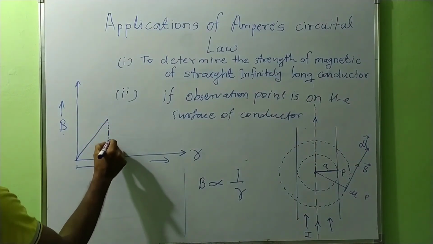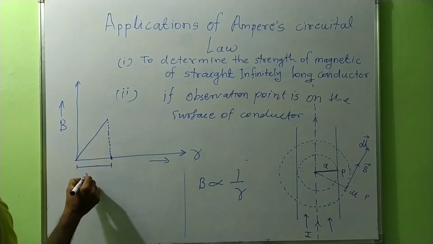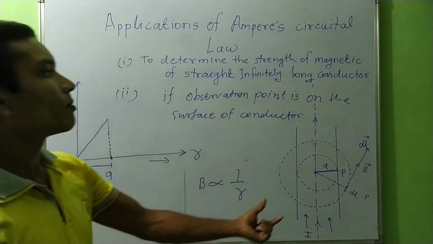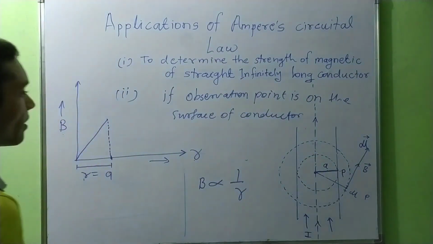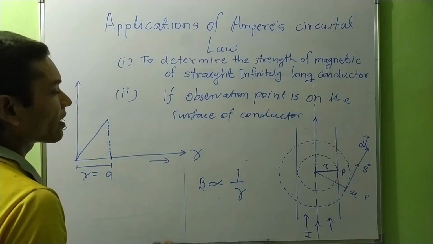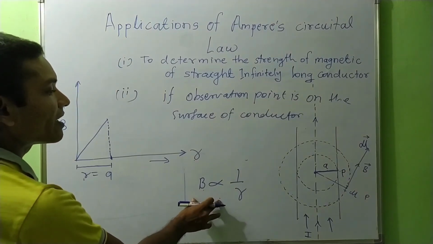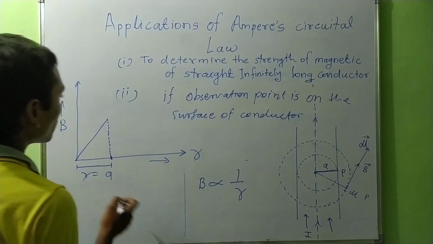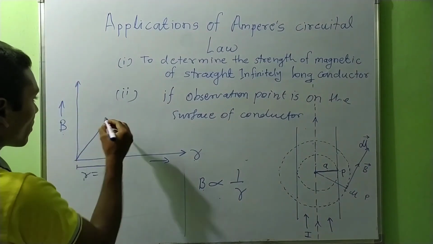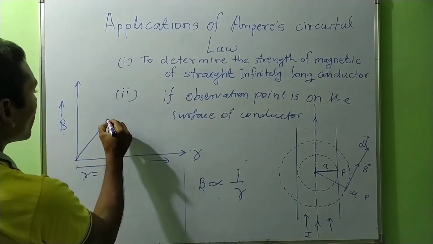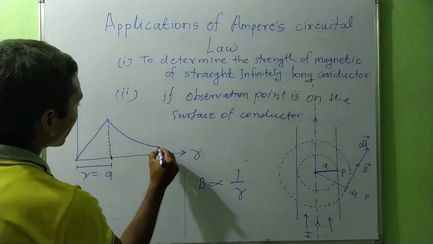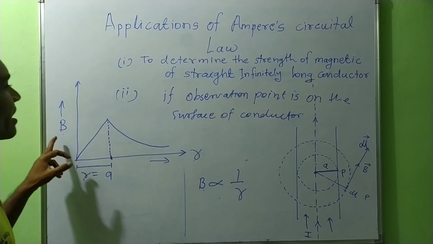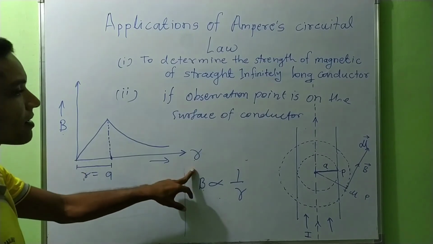The distance of this point is r equal to a, which is equal to the radius of the straight current carrying conductor. And outside the conductor, the magnitude of magnetic field is inversely proportional to the distance. So the graph for B and r will be like that. So this is the graph between magnetic field and the distance.